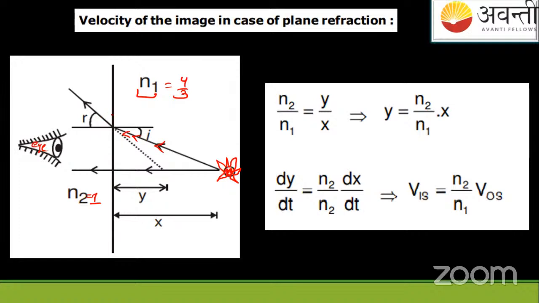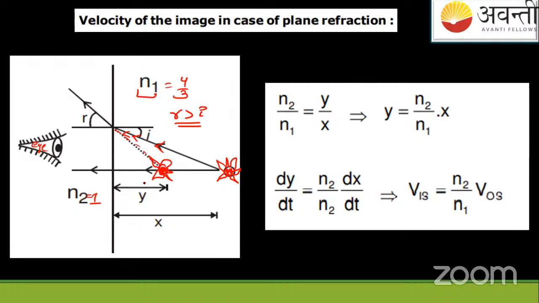This is the concept: if the ray goes from denser to rarer, it bends away from the normal. If the ray goes from rarer to denser, it bends towards the normal. So here the angle of refraction will be greater than angle i. Understood? And when it's extended back, I'll find the starfish image to be here.